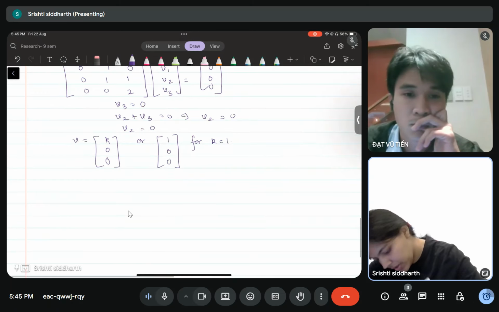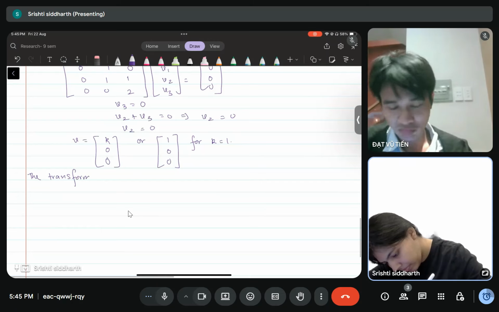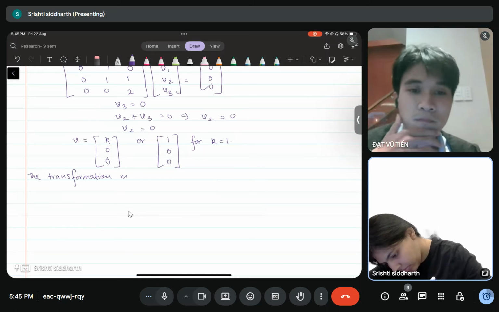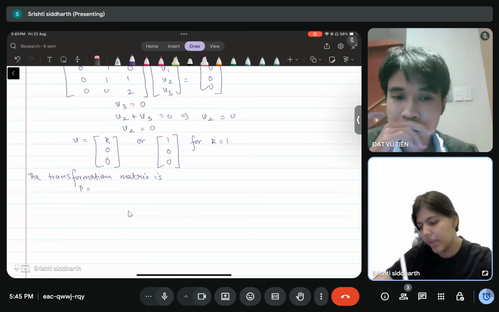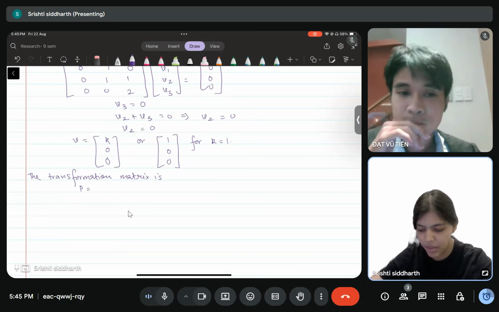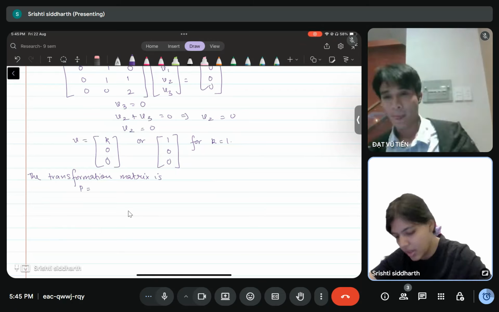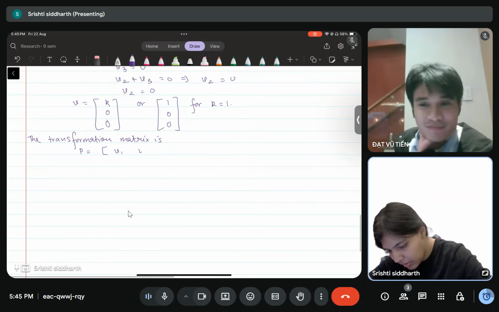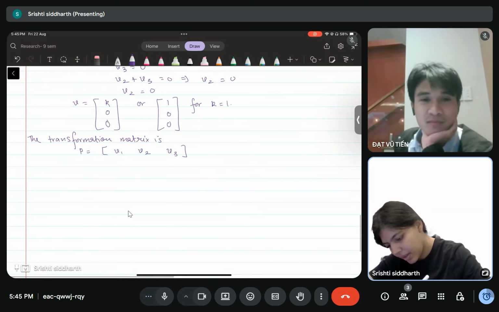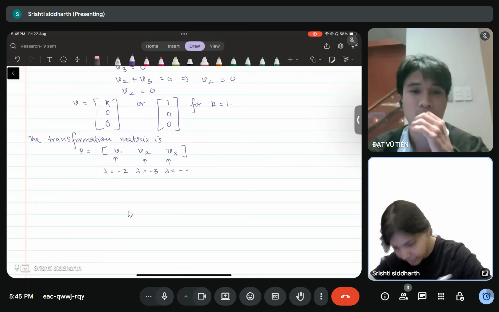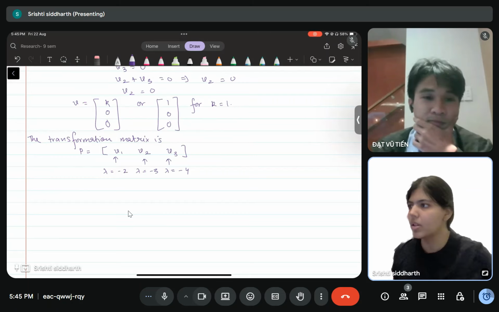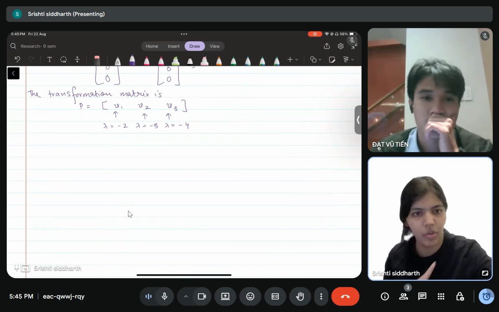So the transformation matrix in this case is, we have to arrange the eigenvectors of lambda equals minus 2, minus 3, and minus 4 in columns. So I'm going to write this down as v1, v2, v3, where v1 is for lambda equals minus 2, v2 for lambda equals minus 3, and v3 for lambda equals minus 4. So I'm just going to write this down for constants 1.